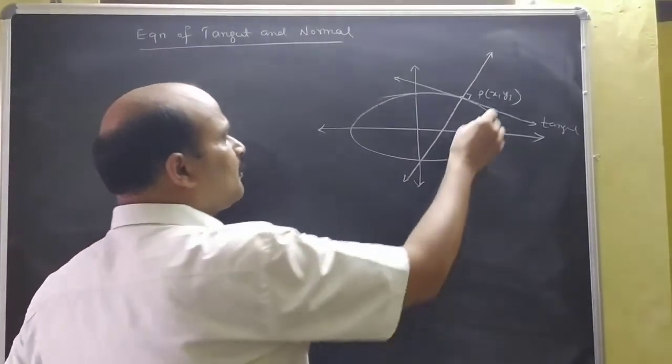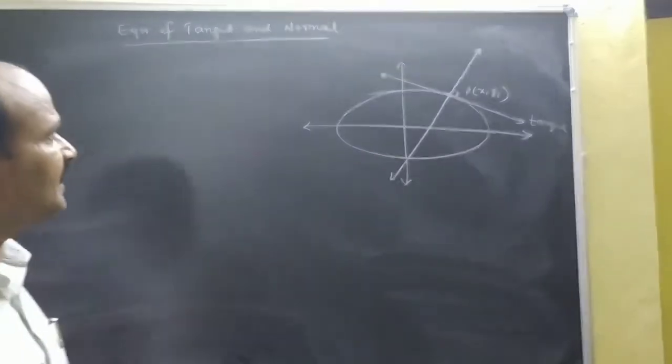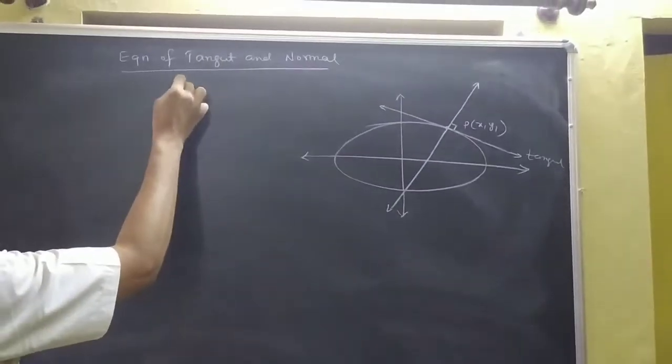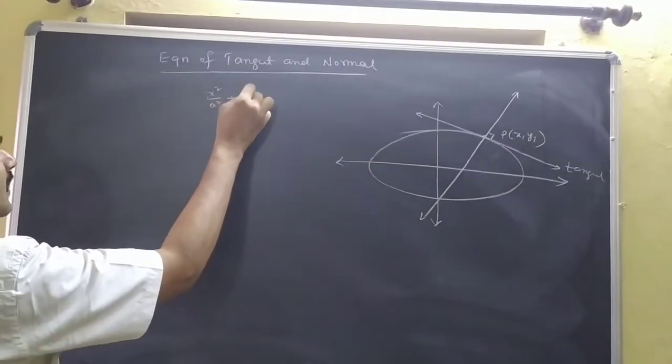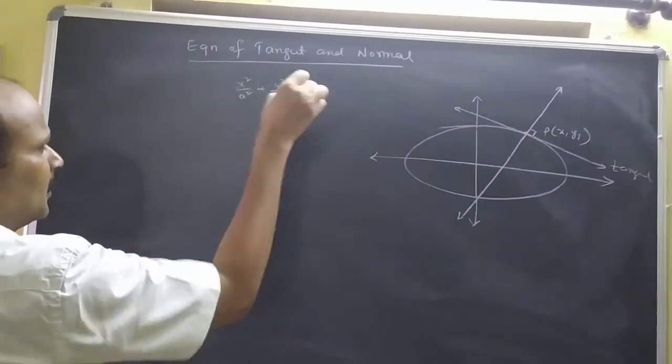Now with respect to the point P (x1, y1), it is a tangent of x²/a² + y²/b² = 1.